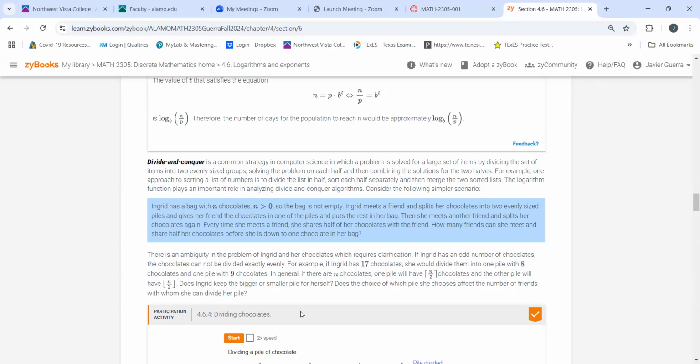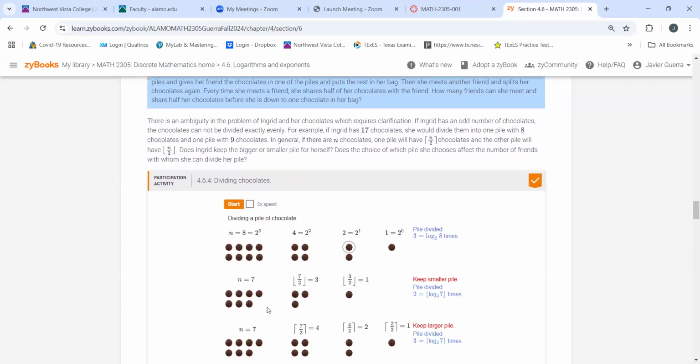So in general, if there are n chocolates, one pile will have n over 2, and notice it's a ceiling, and the other pile will have n over 2, which is the floor. Does Ingrid keep the bigger or the smaller pile for herself? Well, that just depends. Does the choice of the pile she chooses affect the number of friends with whom she can divide her pile? Well, let's investigate it. It should. So let's check this out.